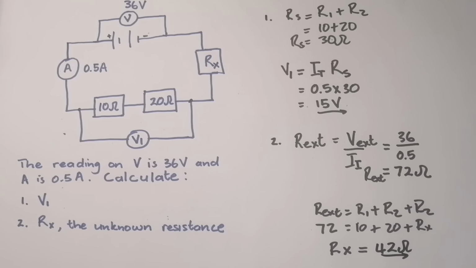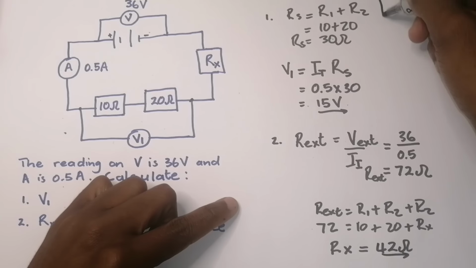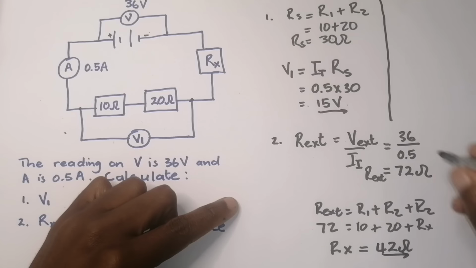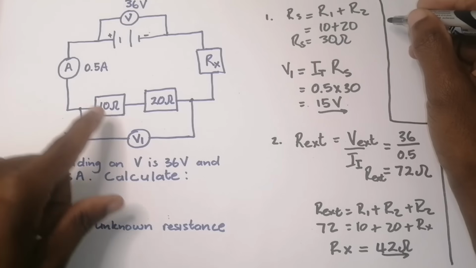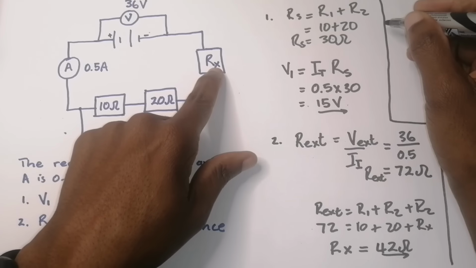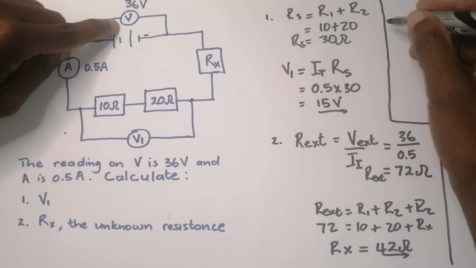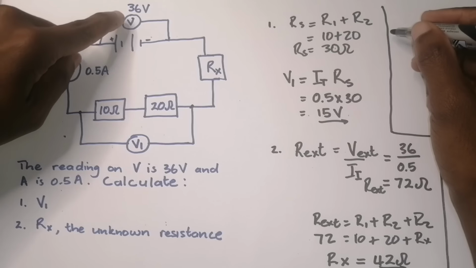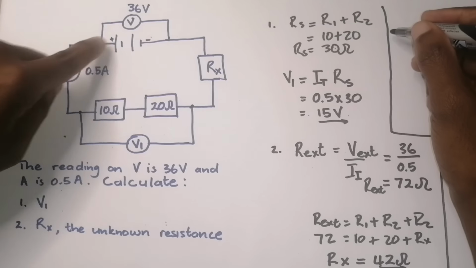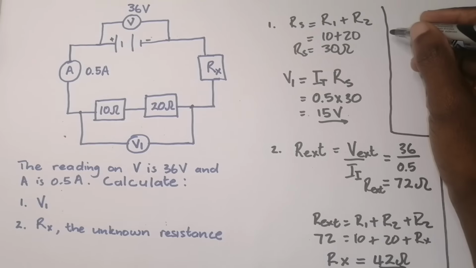If you wanted to check another way of calculating the same thing, look at this. I can simply find out what the voltage is there. I'm already given that the total is 36 volts, and I know that the total voltage supplied must be the total that is used across my circuit.